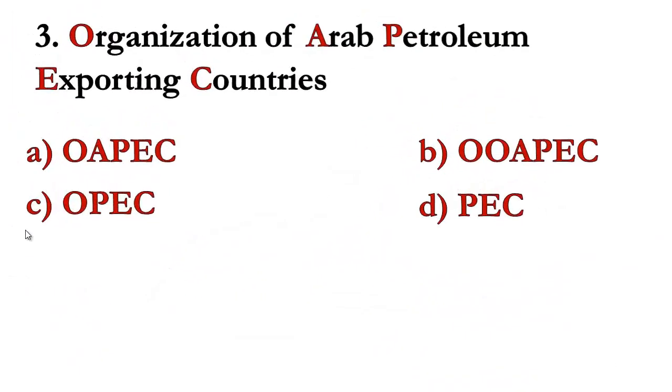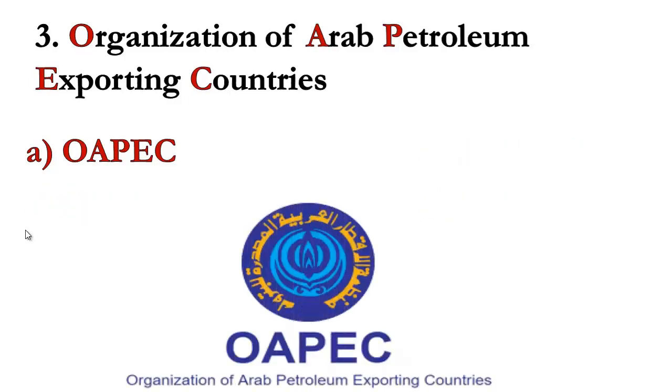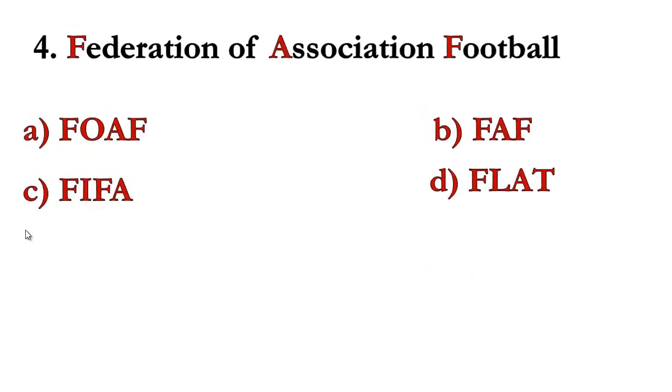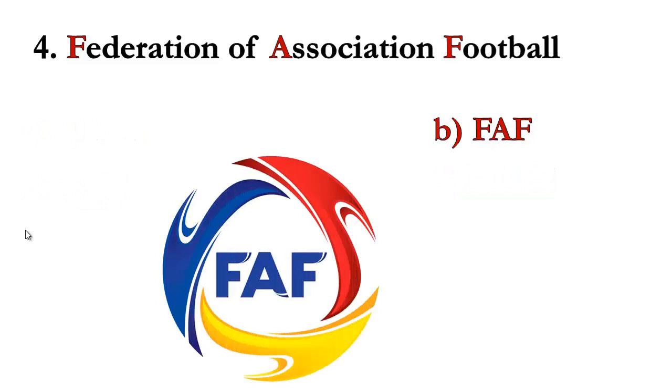Number 3, Organization of Arab Petroleum Exporting Countries. So here it's OPEC, OAPE, and C, which is OPEC. Okay. Number 4, Federation of Association Football. So the correct answer should be number B, FAF. Okay.